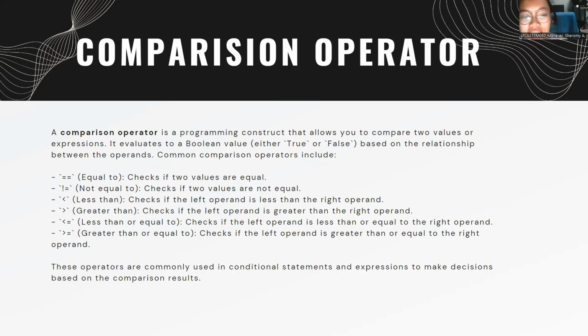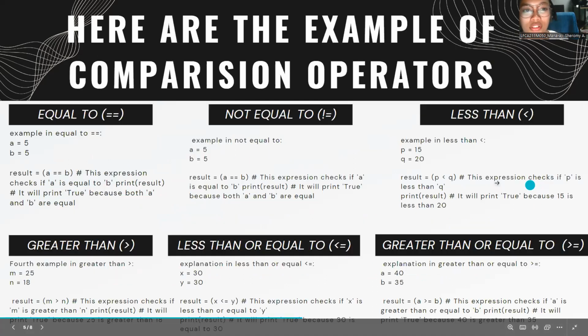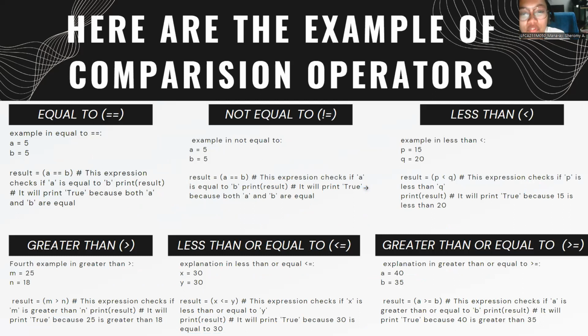So, mas less than si A kaysa kay B. These operators are commonly used in conditional statements and expressions to make decisions based on the comparison result. These are a few examples of each comparison operator.